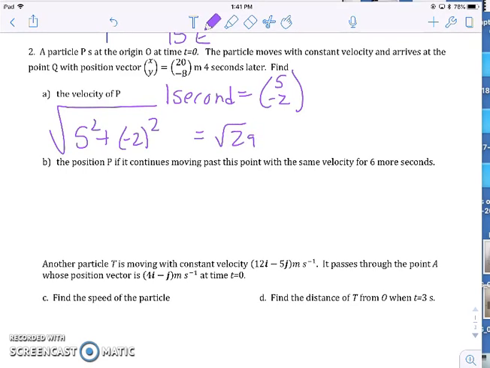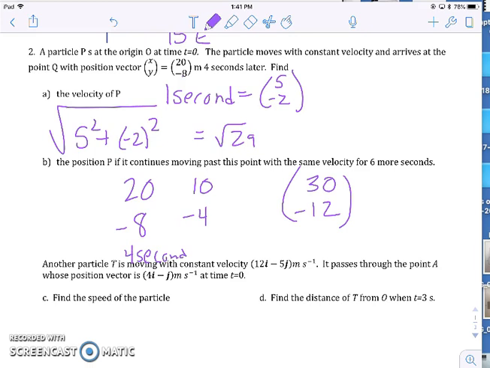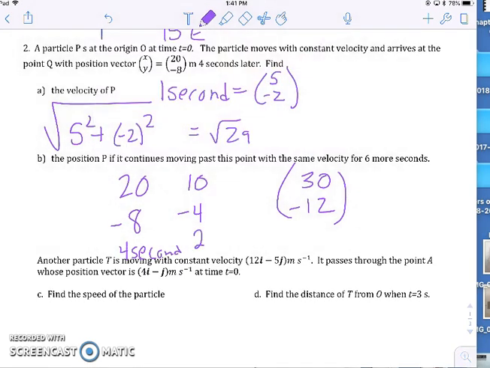Continues to move at the same velocity for 6 more seconds. So, one thing I notice, if it's 28 and 4 seconds, then it'd move half of that in 2 seconds, so 10 and -4. And then if we add those together, it'd be at 30, -12, because this would have been 2 seconds.